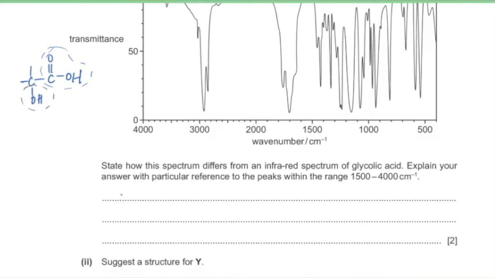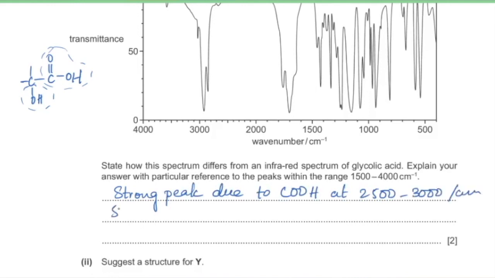So glycolic acid will have a strong peak due to the carboxylic acid group at 2500 to 3000 per centimeter, and again a strong peak due to the alcohol group at 3200 to 3650 per centimeter.